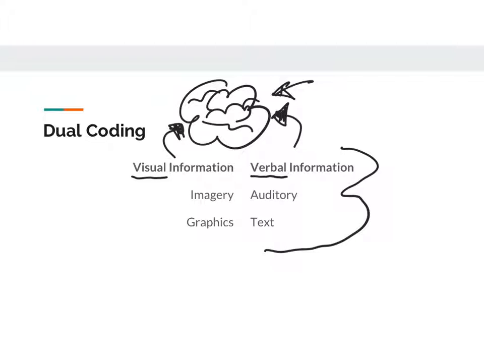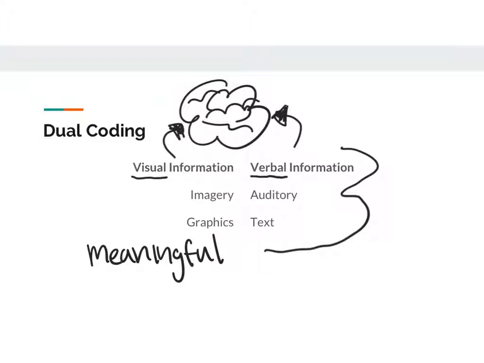A crucial element of dual coding theory is that we need to make sure that the information we're passing through both of the channels has a high degree of meaningful overlap. The information needs to mean the same thing to the learner, even though it's represented in different forms.